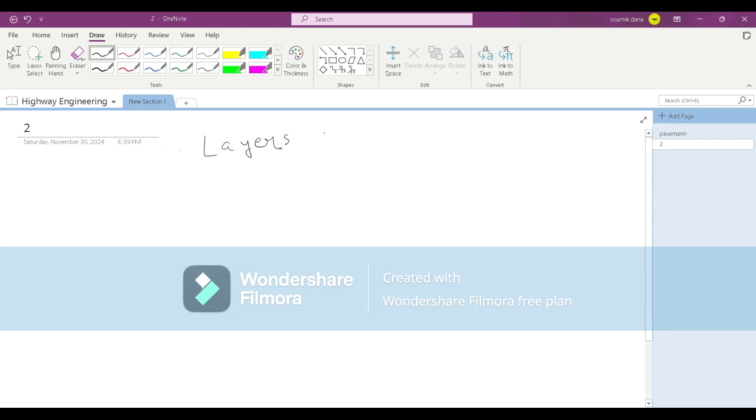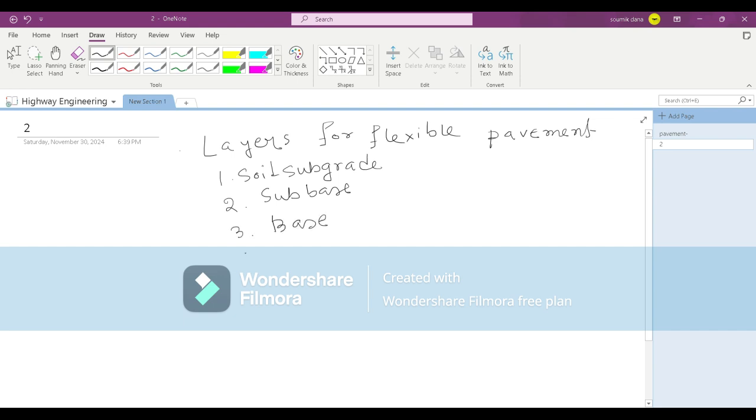Layers for flexible pavement: soil, subgrade, subbase, base, and surface course.